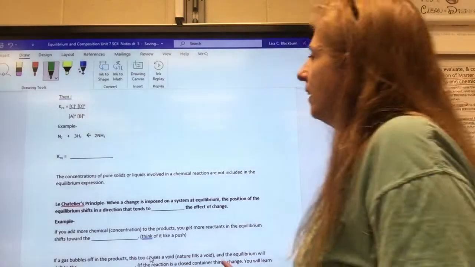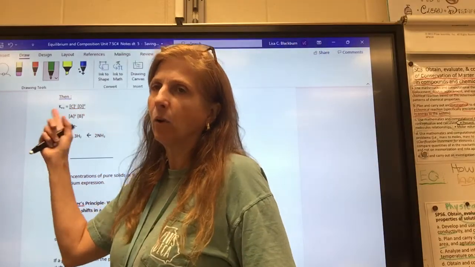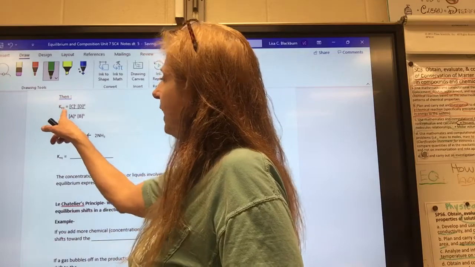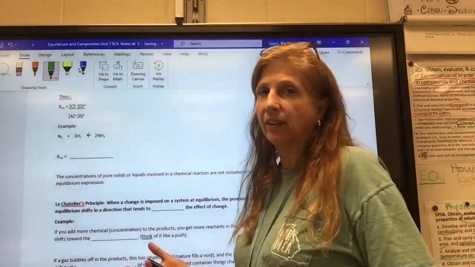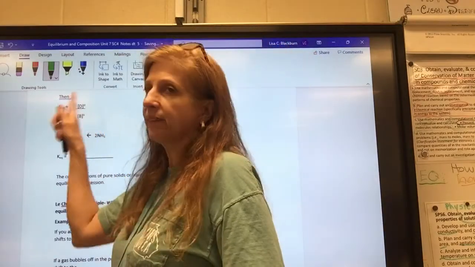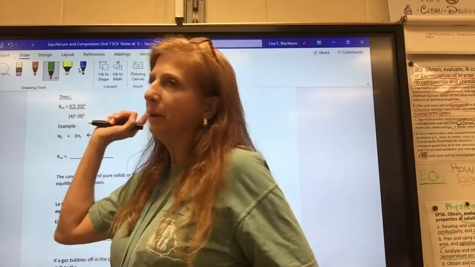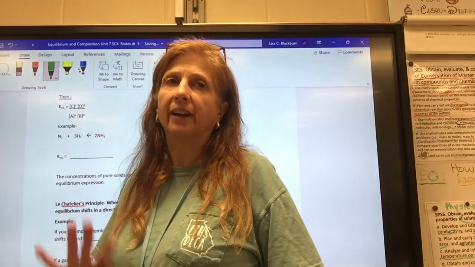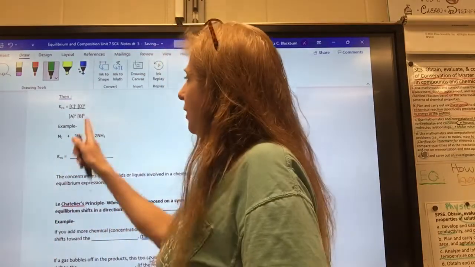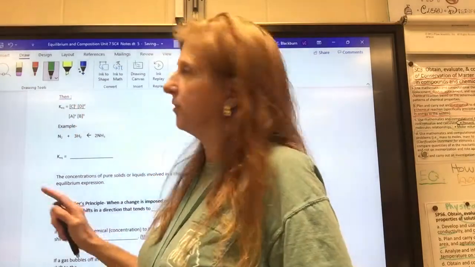Okay, so then this is your equilibrium equation. This KEQ is going to tell us how far the reaction goes, and how you get this number is that you will be given in the problem the concentration of the reactants and the products. And you put them in this equation.